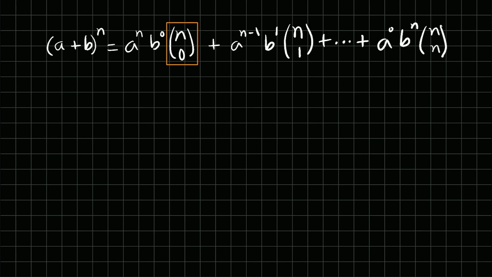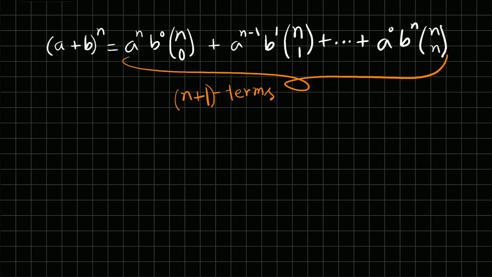Now, let's notice some properties of this theorem. Firstly, there are n + 1 terms in the expansion, because as you can see, the power of b starts from 0 and ends in n. So overall, there are n + 1 terms starting from the 0th term to the nth term. Now what about the kth term, which represents any arbitrary term?